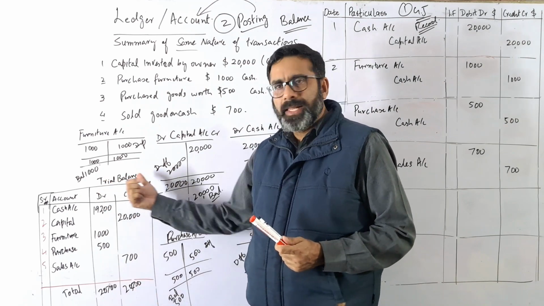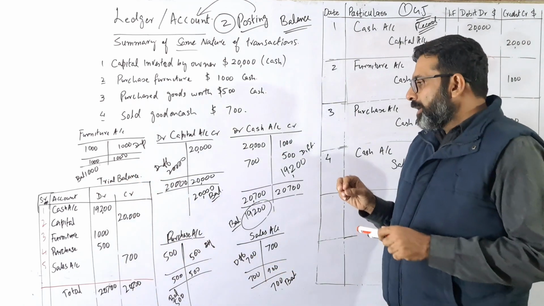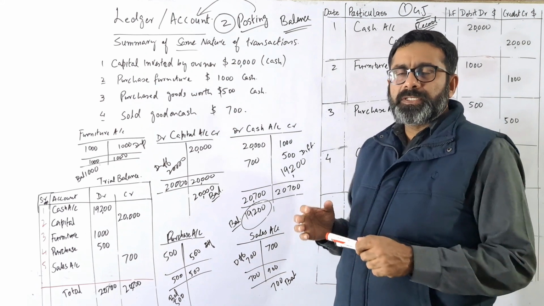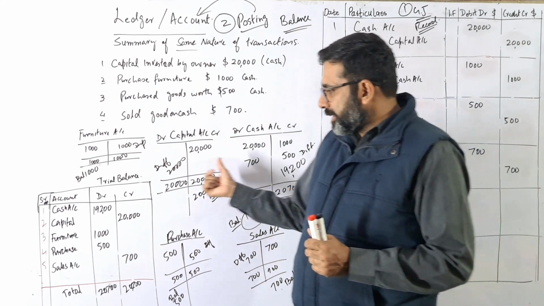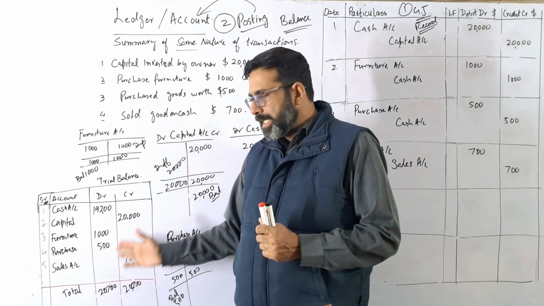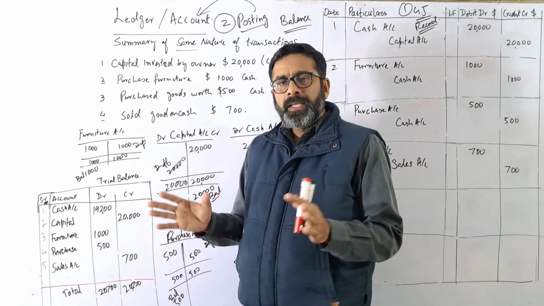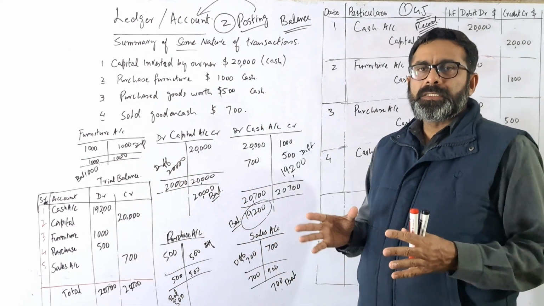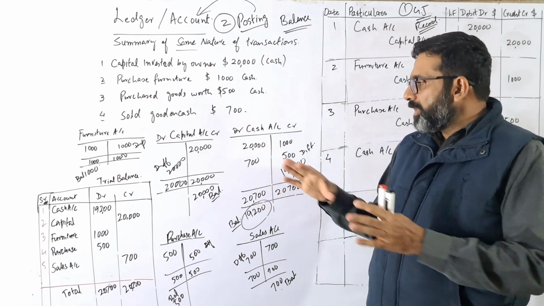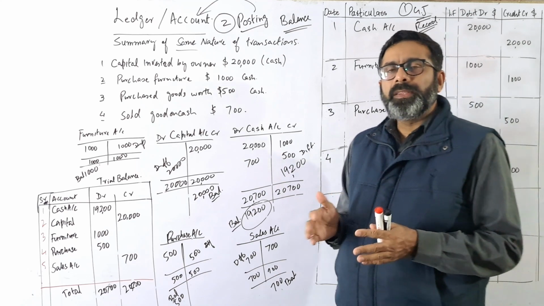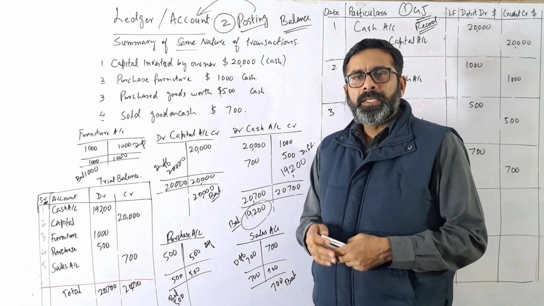It means the trial balance is the very first statement we prepare in accounting, where the total of the debit side and the total of the credit side of the different accounts are equal. From this trial balance, the next step in accounting is preparing the financial statements.